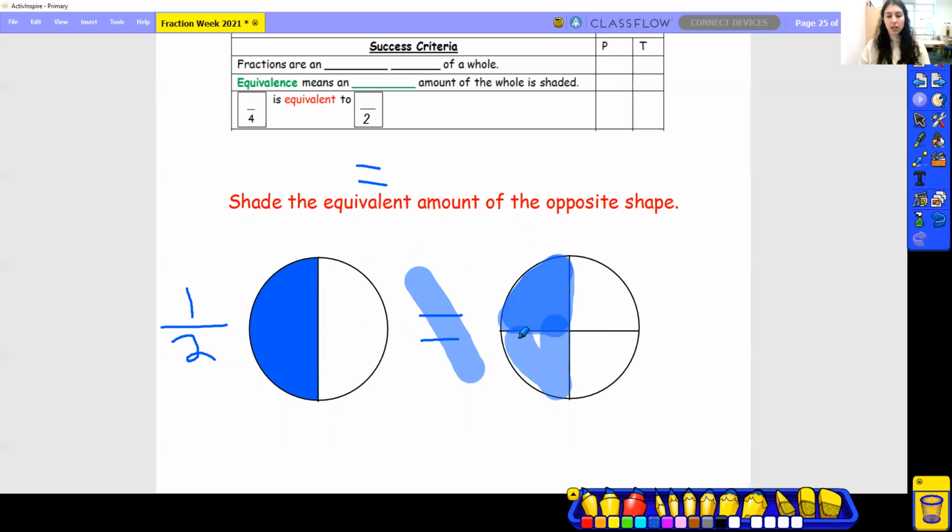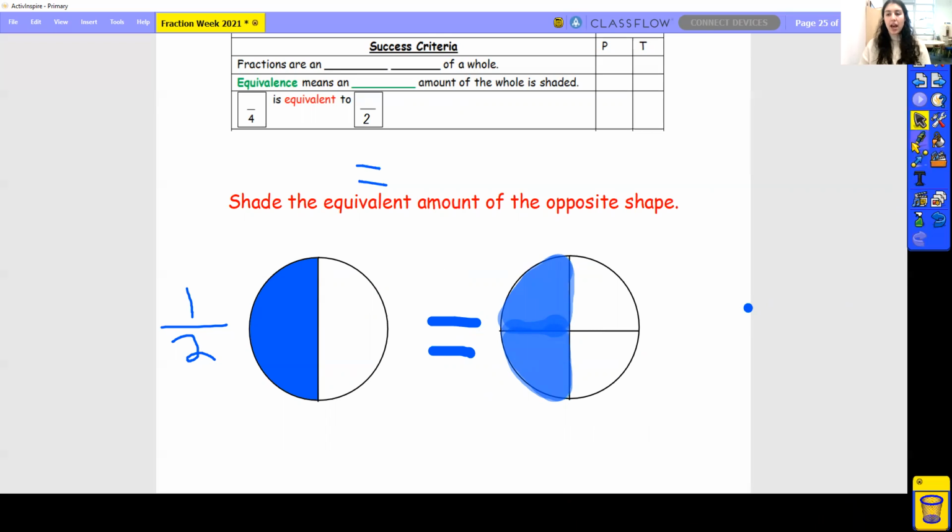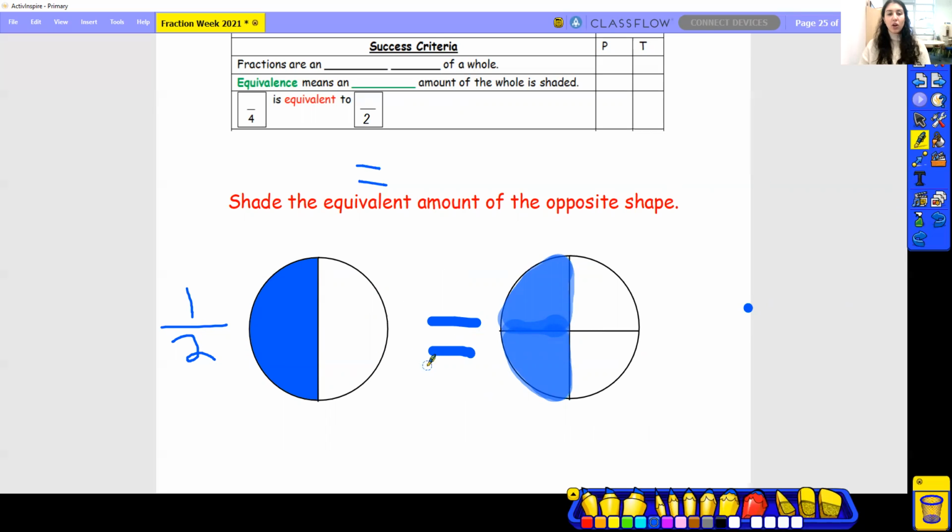If I add another quarter here, is that now an equivalent amount of the whole? Great, yes it is. Hopefully you can see that they are now equivalent because the same amount of the whole has been shaded. And we know that 1/2 is equivalent to 2/4. Well done.